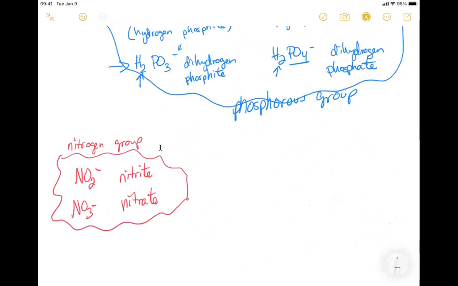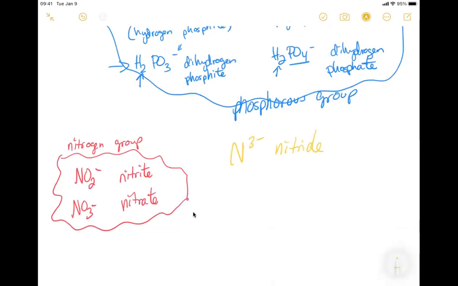So this answers the question one of you guys asked last week. Someone mentioned nitrate, I think, and I was like, no, no, no, we haven't done that yet. And so now you see the difference. Since I'm here anyway, I want to mention, especially since we're not actually speaking to each other in class, what I would normally do when I'm teaching you about the binary ionic compounds, when we talk about nitrogen being an ion, the name of this is nitride.